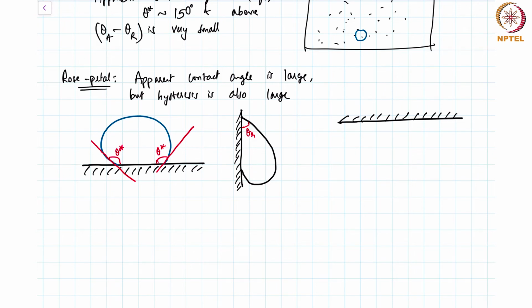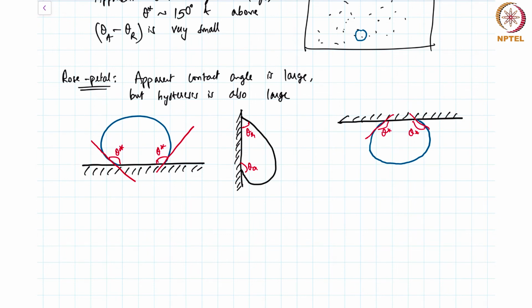This is theta R and this is theta A. It will not slide down. And you can again come back and look at the rose petal in the reverse way. If you take a rose petal which is hanging down, you have the same issue. You have a situation where the apparent contact angle theta star is very large and the droplet will just not fall down. So this is a case where the apparent contact angle is large and the hysteresis is also very large. And when that happens, the droplets become too sticky to the surface.